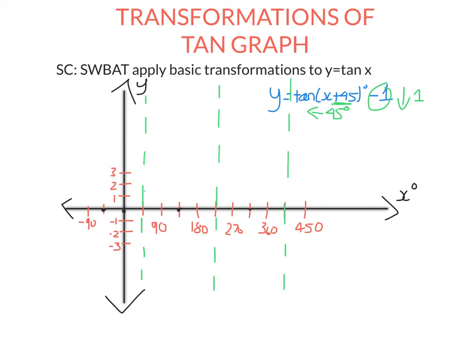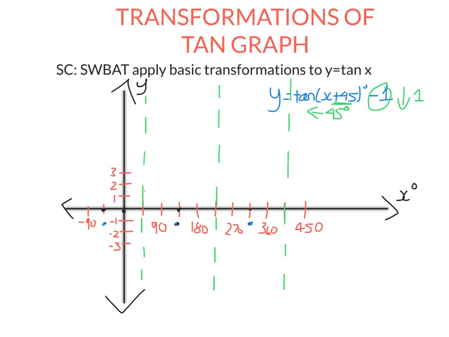But because of the minus 1, the fact that it's shifted down, it'll actually be shifted down to here, here, and here. So it will go through those points in blue rather than those points in black.